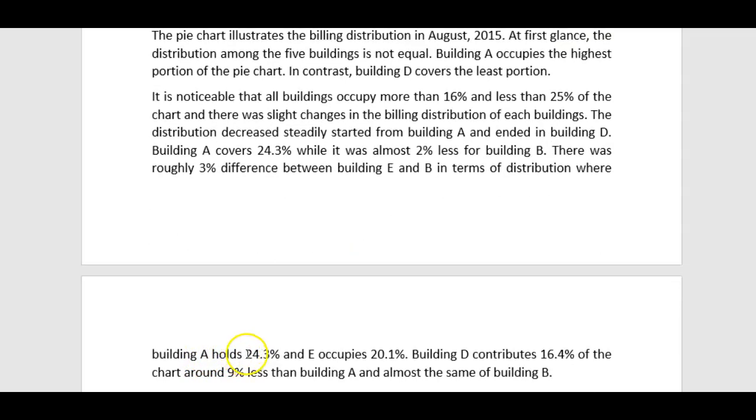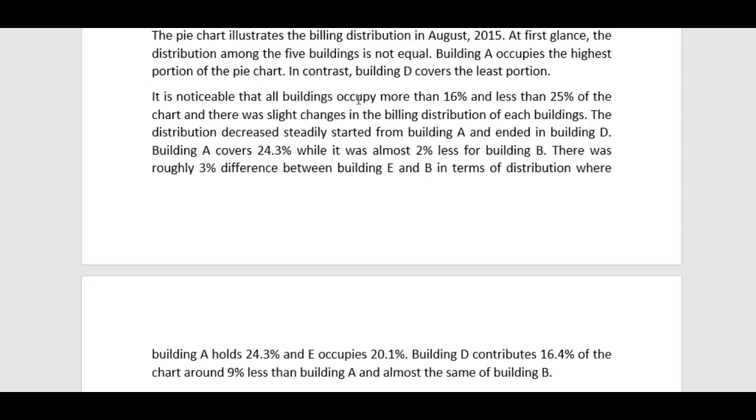accounted for, you already said that. Look, 24.3, 24, I don't know why you're doing that again. Okay, and I don't like this word occupies. You've used it before. It's not entirely appropriate. Accounted for would have been nice. Don't overuse it, but it would have been a good word here.